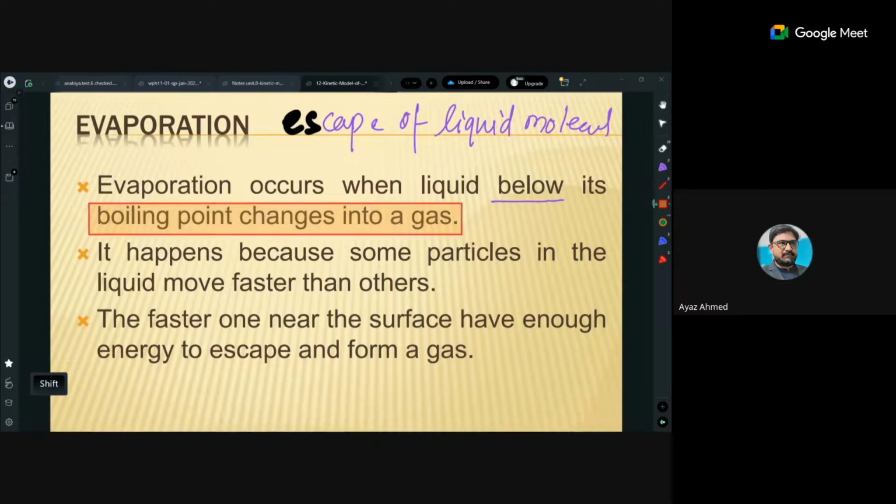It converts into gas. For example, when you put your clothes on the roof to dry, do they get dry when the water inside them is boiled? No, they get dry when the water inside them is evaporated.